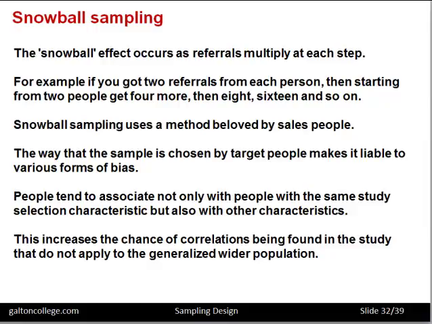I don't know these people perhaps, but they may have something in common, and to that extent there's a correlation between us all. The whole sample is somehow correlated, and that correlation may not correlate to the characteristics of the wider community. And therefore, there may be an issue.